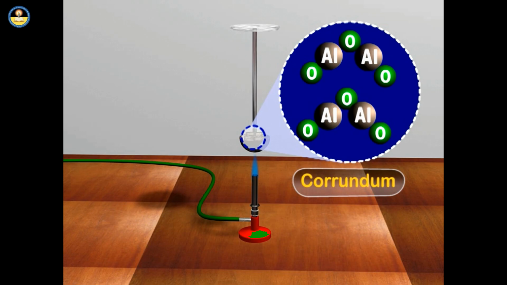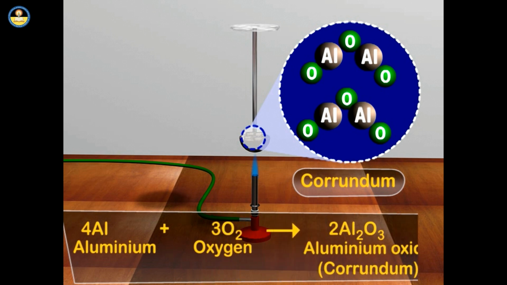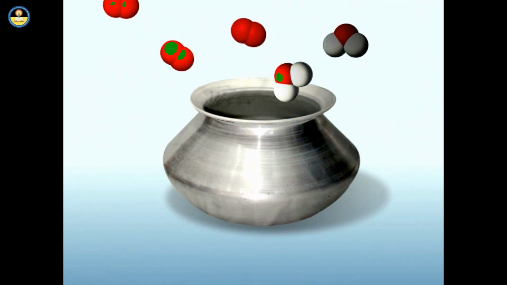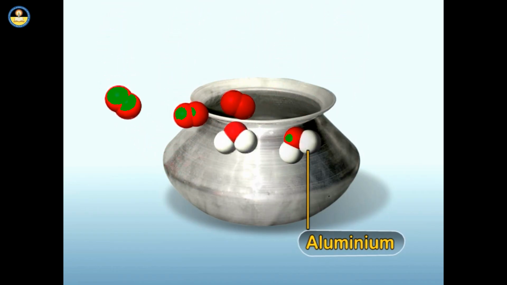Corundum is used for the preparation of sandpaper. 4Al reacts with 3O2 to give 2Al2O3, which means aluminium reacts with oxygen to give aluminium oxide or corundum. Have a look at the aluminium metal and its oxide.